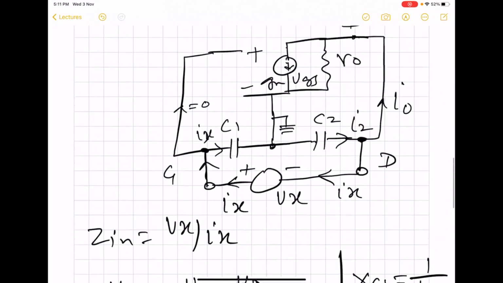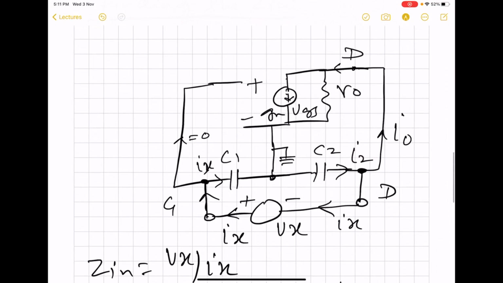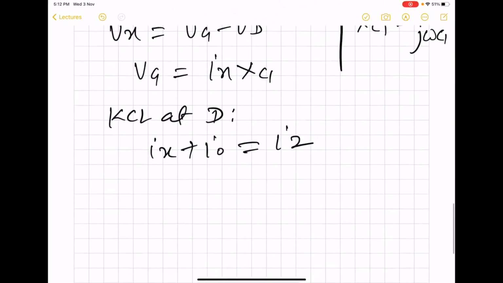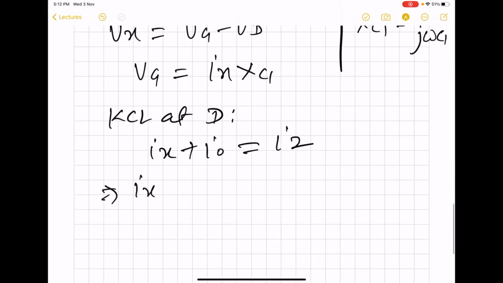And this I0 at the MOS gets split into two currents, IM and IR. So here we have Ix plus I0, which is IM plus IR, is equal to I2.